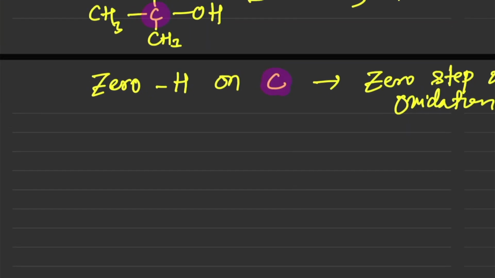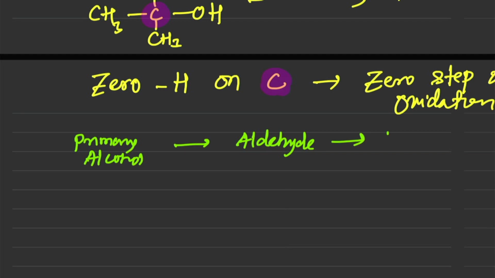So let's summarize what we just did. We have primary alcohol, which can oxidize to aldehyde and then carboxylic acid. So this is oxidation.